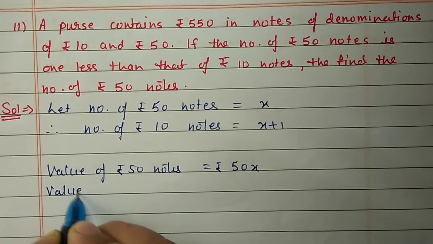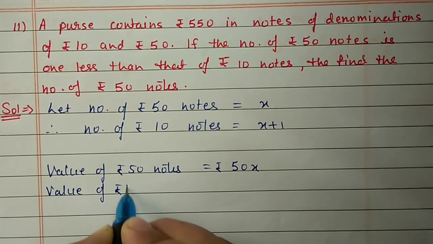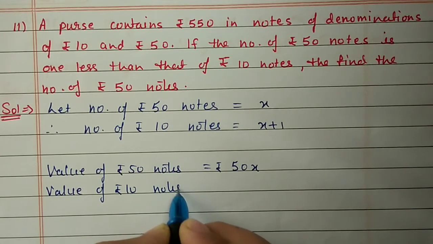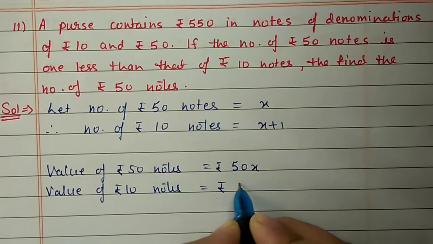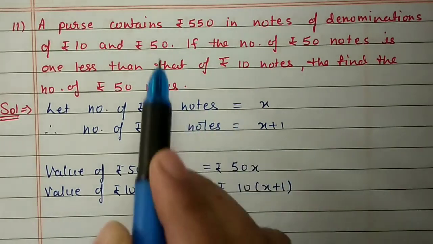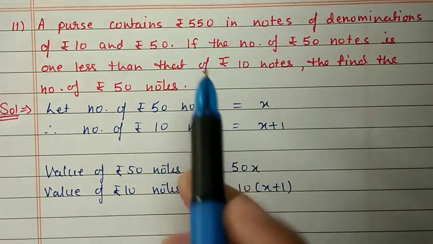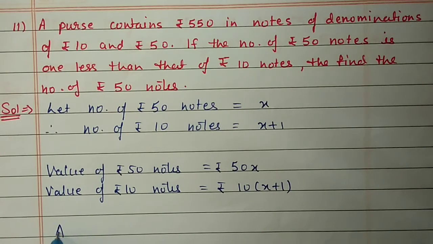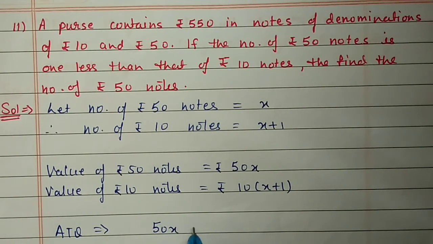Similarly, value of 10 rupee notes will be 10 into x plus 1. And according to the question, total money she has is 550 rupees. Therefore, according to the question, if we add the total of 50 rupee notes and the total of 10 rupee notes, it should come equal to 550 rupees.